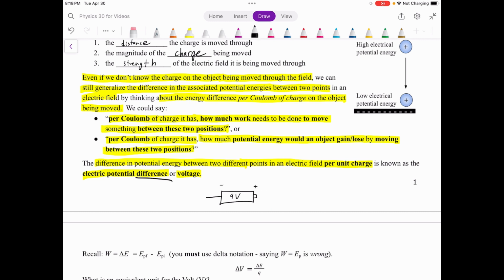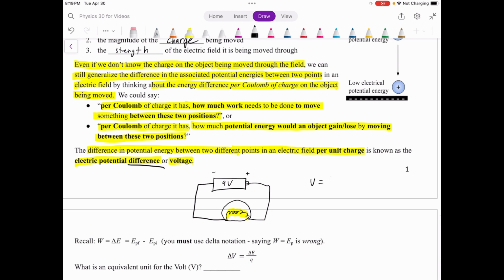So when you hook it up to a circuit, maybe that circuit's got a light bulb in it, what that 9 volts means is the difference in the potential energy of charges here versus here, if we allowed them to move from here to here, the same way the mass would like to fall towards the earth, so to speak. What this 9 volts means is that for every coulomb of charge, it will, in this case, lose 9 joules of potential energy. So a volt is actually a joule per coulomb.